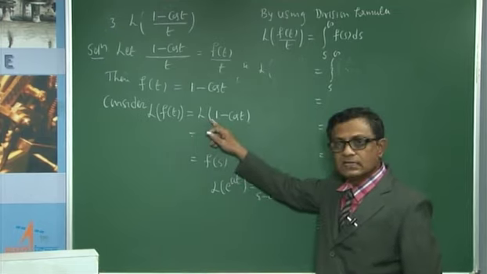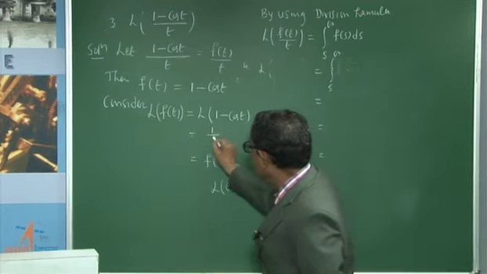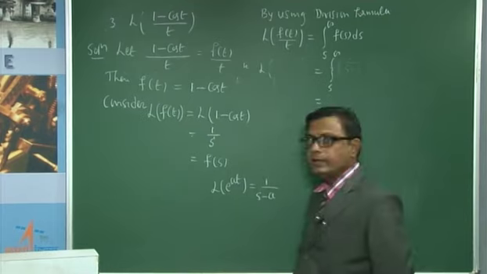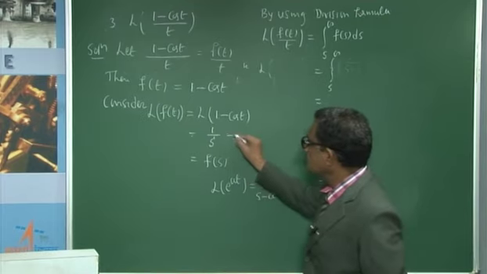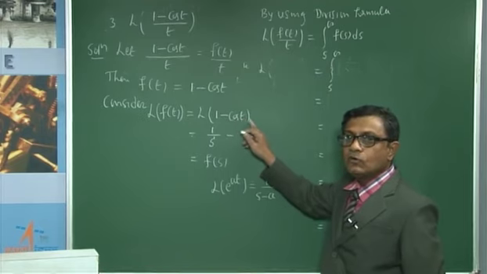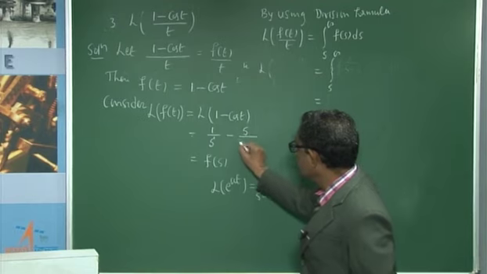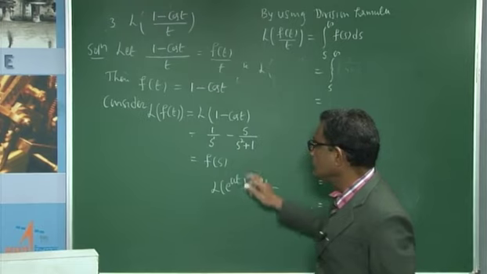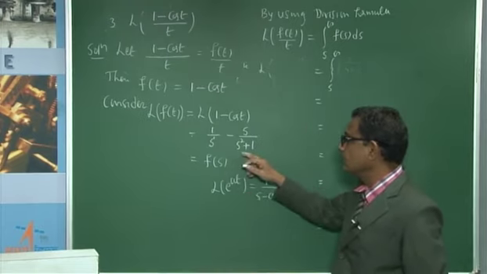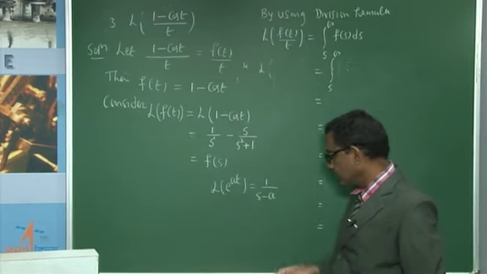What is the first term? L of 1. What is the formula? L of 1 is 1 by s, minus the second term L of cos t. The formula for L of cos at is s divided by s square plus a square. A is here 1, 1 square is 1, so s divided by s square plus 1 is the L of cos t formula.